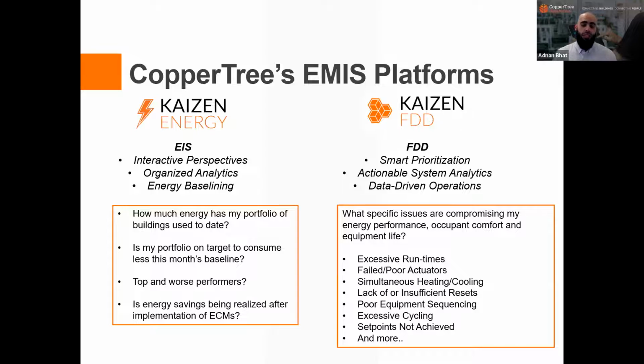These are the kind of things that are typically analyzed in an FDD platform. And in our case, we use a combination of rule-based algorithms, pattern recognition techniques, system performance auditing to achieve the desired objectives using these platforms.